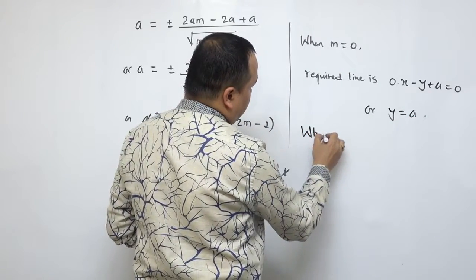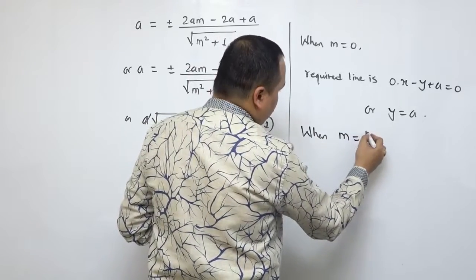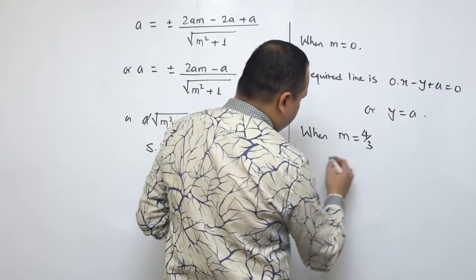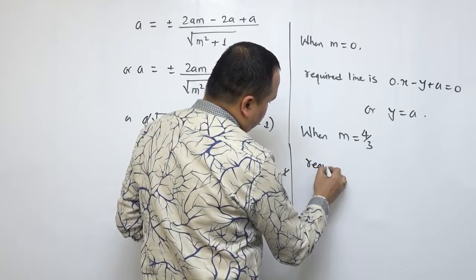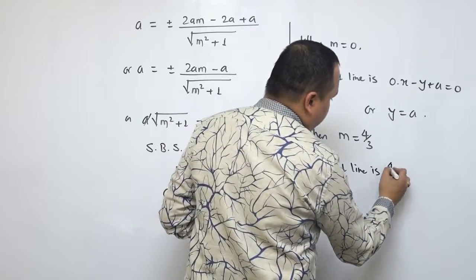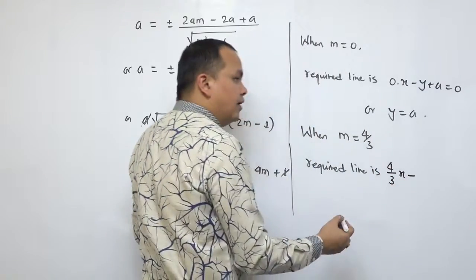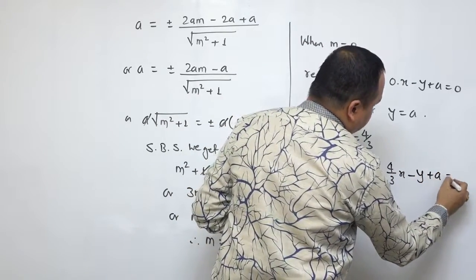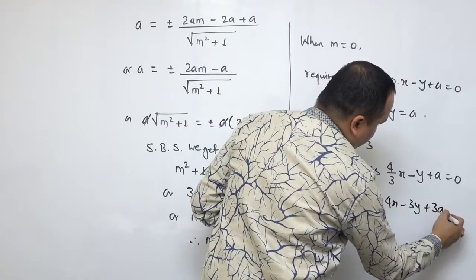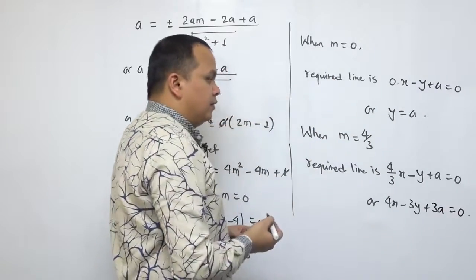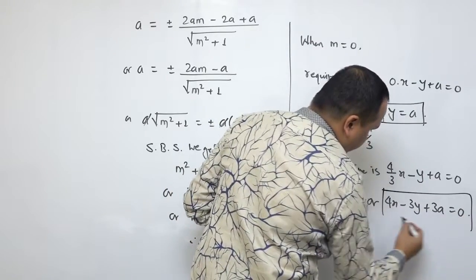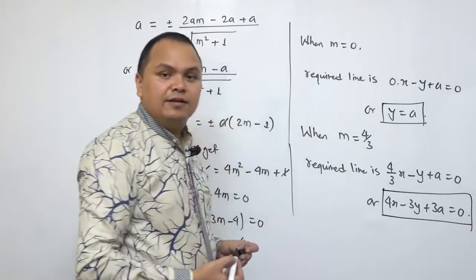Similarly, when m is 4 by 3, now equation I becomes, the required line is 4 by 3 x minus y plus a is equal to 0, or this is 4x minus 3y plus 3a is equal to 0. Therefore, y is equal to a, and 4x minus 3y plus 3a is equal to 0 are the required lines.